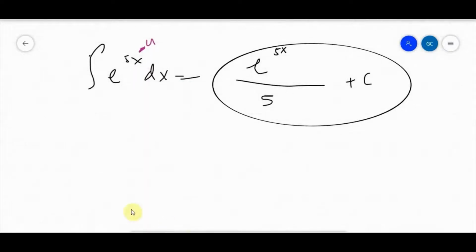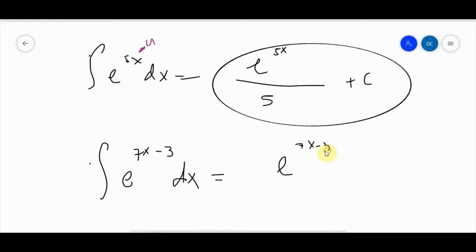I have here another problem. What if I have the integral of e raised to 7x minus 3 dx? That would be e raised to 7x minus 3 over, what is the derivative of 7x minus 3?